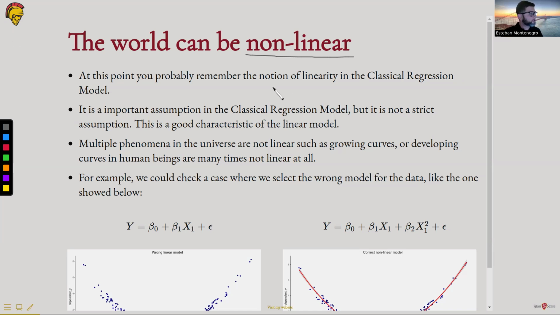So, as I said, we always teach linearity, and all the models that we teach typically in a stats class at the undergraduate level are linear. But today, I want to mention that there are models where linearity is not assumed, right?